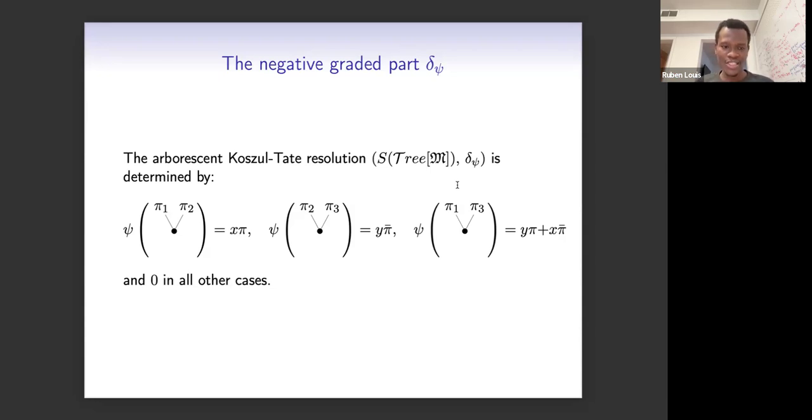So if you apply it, for example, on pi 1 over pi 2, you get x pi and so on. And then it is 0 in all the other cases. Okay, and this determines the causality part, the arborescent causality resolution.